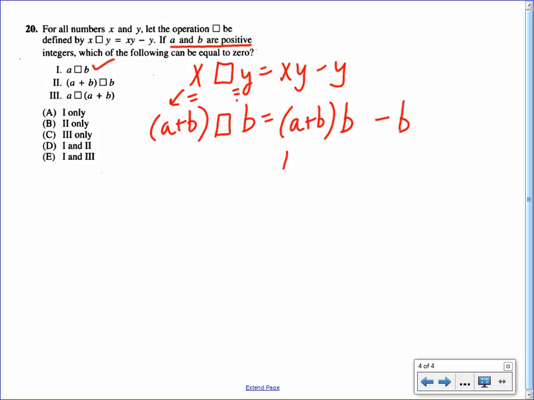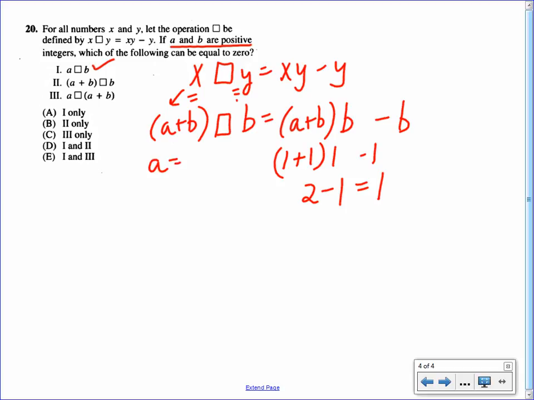So you'd get 1 plus 1 times 1 minus 1. So in this case, you'd get 2 times 1, which is 2, minus 1, equals 1. So we know that a equaling 1 and b equaling 1 doesn't give us an answer of 0, but we should test at least one other combination.